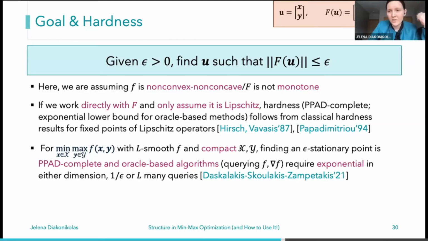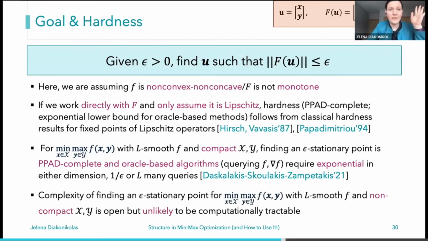Compactness here was needed just to certify the existence of a solution. So technically, the unconstrained minimax setup is open, but given these two results, I wouldn't hold my breath. I wouldn't expect it to be any easier. I think you just need a better construction of the lower bound.